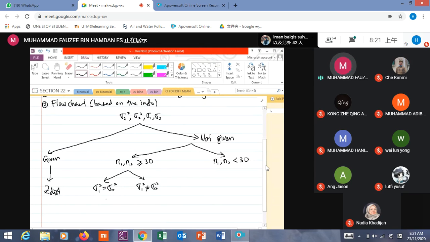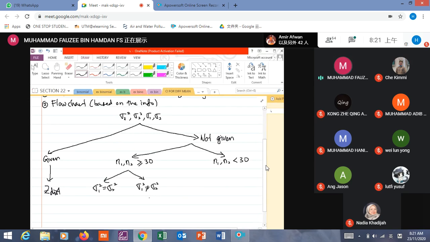If there is no extra statement or proof that the variances are equal, we always assume the variances are different. Remember this one.